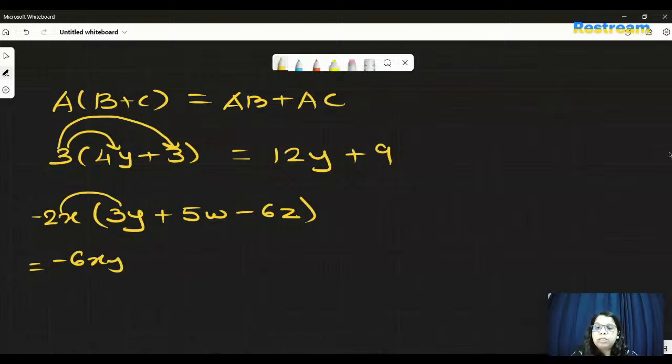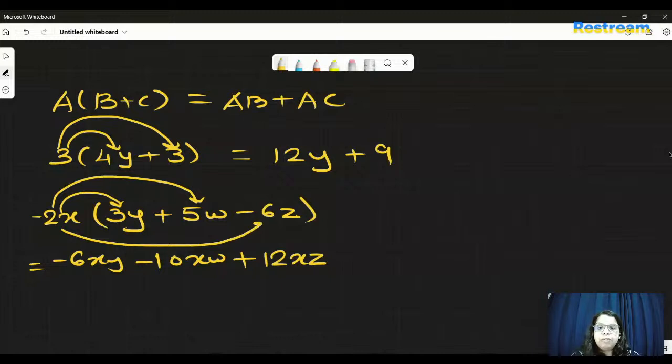So this minus 2x is multiplied with 3y, minus 10xw. So this is multiplied with this, plus 12xz. This whole thing is multiplied with this along with the sign. Okay, so this is very important that when you open the brackets, you use the signs as well.